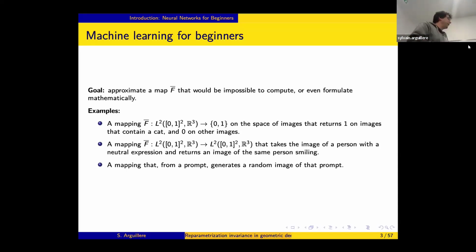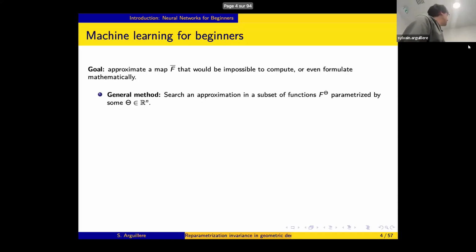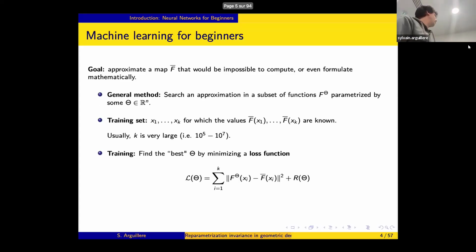And so instead, what's done is, you try to approximate it using a subset of functions that have some parameters. And then you take a lot of data for which you know what the answer would be, right?